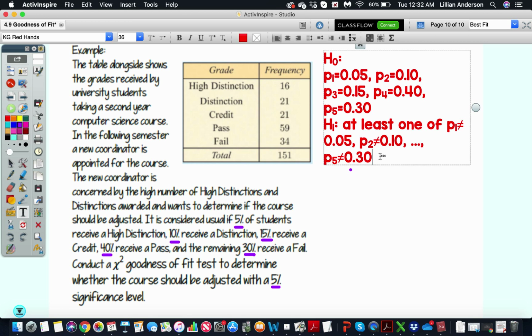You can use the ellipsis after you've done two and then end with the last one instead of writing it all out. For the null hypothesis, I would write out each one, especially if they're all different. But if the probabilities are all the same, then use the ellipsis. All right, so that's step one.